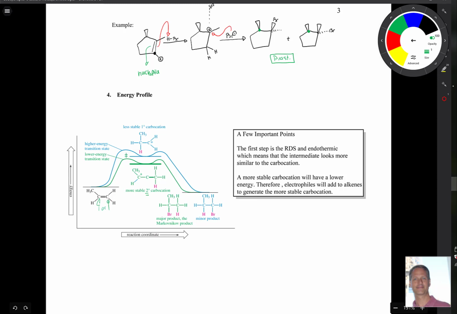If it goes to the end, right here, then we get a secondary carbocation. If it goes to this first carbon that has fewer H's, then we get a primary. And that primary has a larger activation energy. It goes all the way up to this. That larger EA means a slower reaction for us. If we can remember those principles, it helps us explain actually a couple reactions in this chapter.